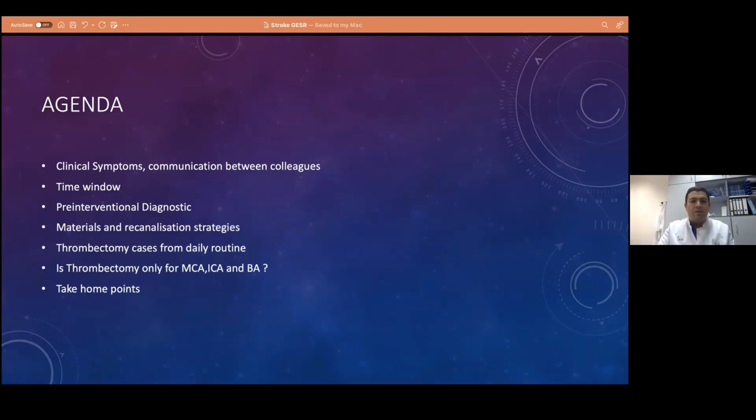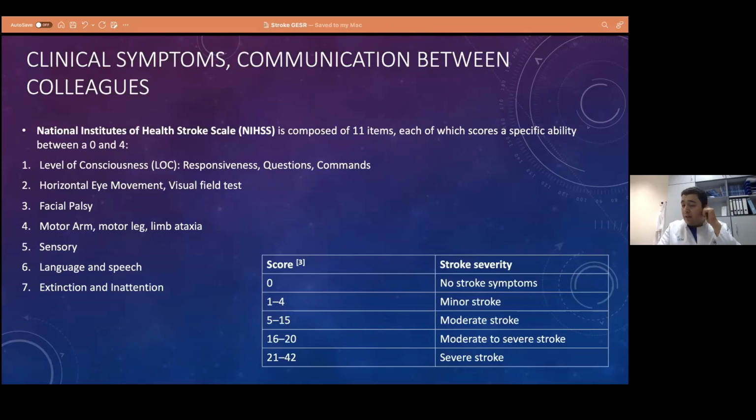So to start with, clinical symptoms. Stroke is not just that the patient has a hemiplegia, or how the motor function is, but you have to score it. We always get from the neurologists the NIHSS score.